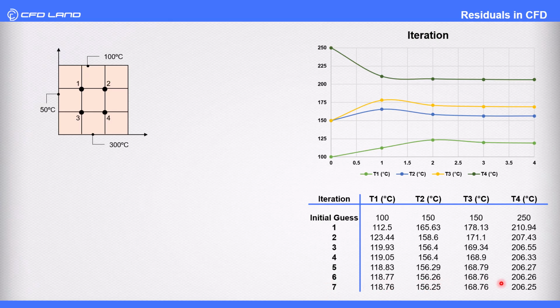They are pretty close. And even if you look at the plot, you can see after iteration 2, all of them are converged. And as I said, some variables converge sooner than others. Which variable converged here sooner?